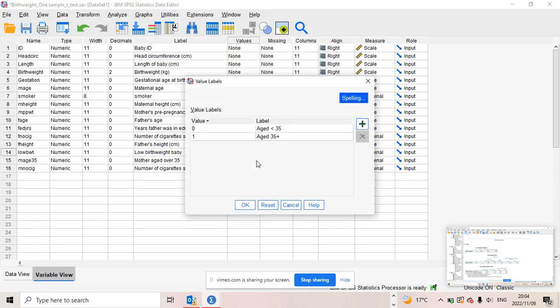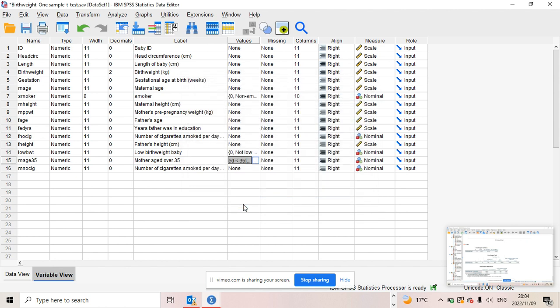Then you have the age of the mother as well, less than 35, zero value attached, and more than 35, one value is assigned to such a category. So, yeah, that is for that.